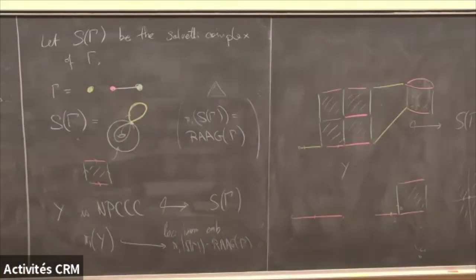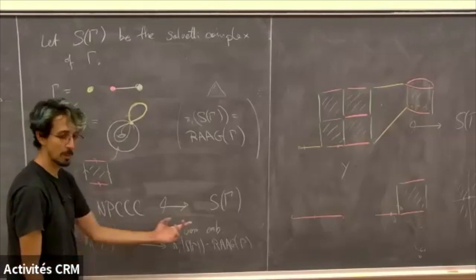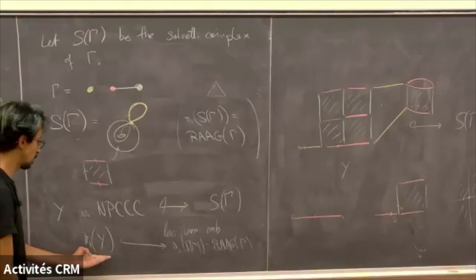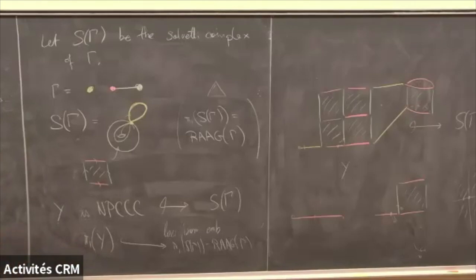Why is that? That's one of the exercises I gave in the first lecture. If you have a local isometric embedding, maybe between Cat(0) spaces, then it was also this. Various versions of the same thing. So the phi one of y actually lives inside this group.